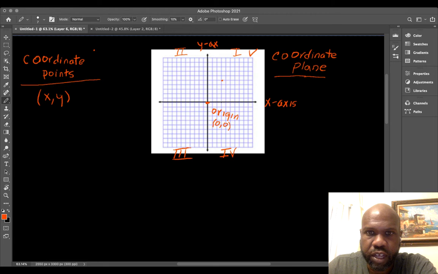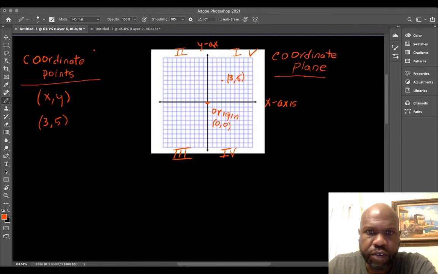Then I go up: 1, 2, 3, 4, 5. So the coordinate point for this one is (3, 5). The 3 is the x, and the 5 is the y. I think we all know that.